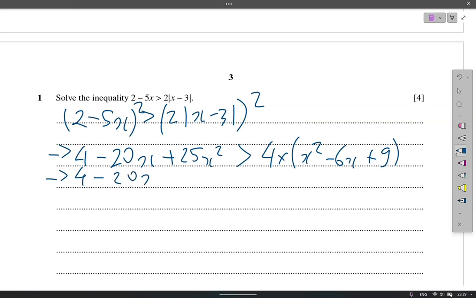And we can get that out of brackets by multiplying. So the inequality becomes this.